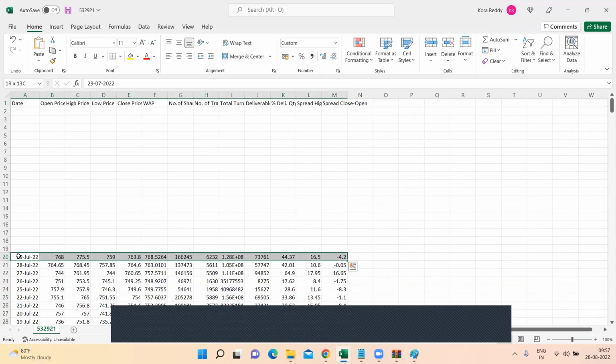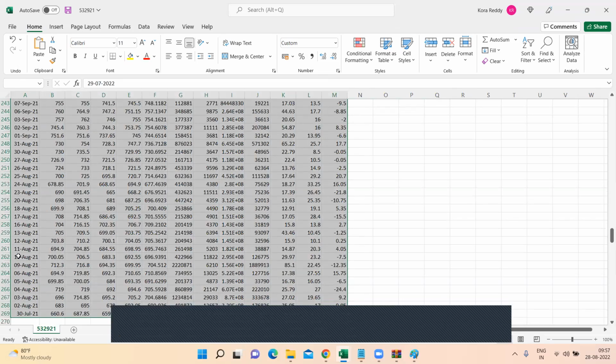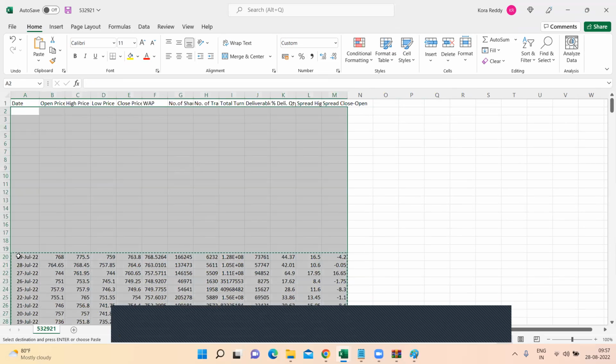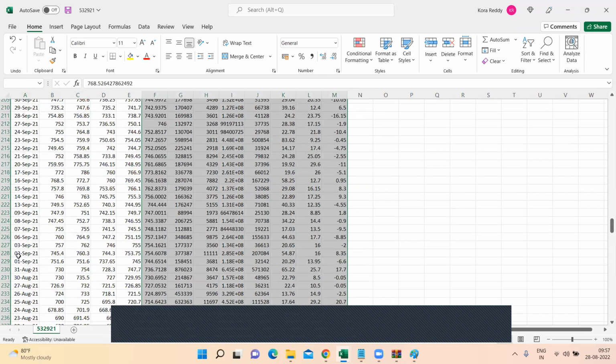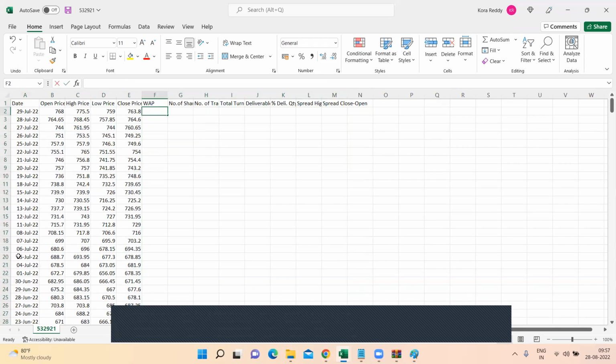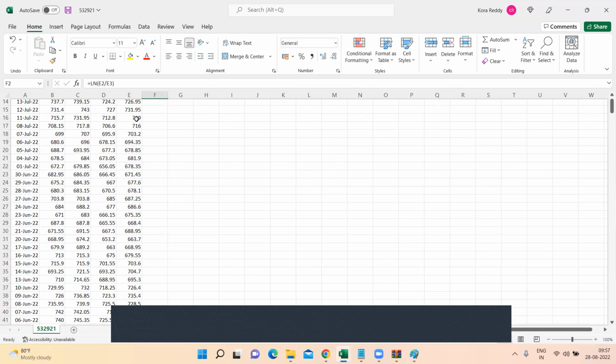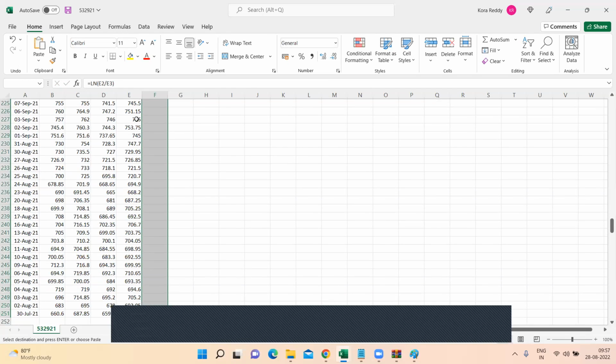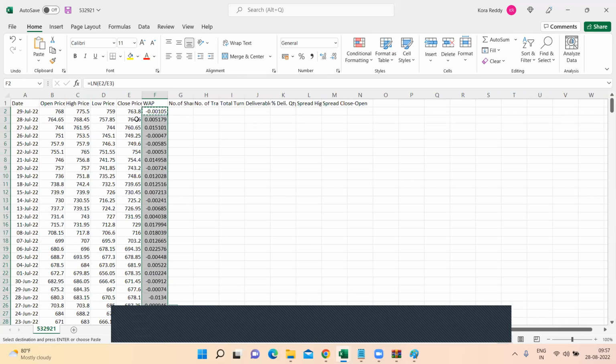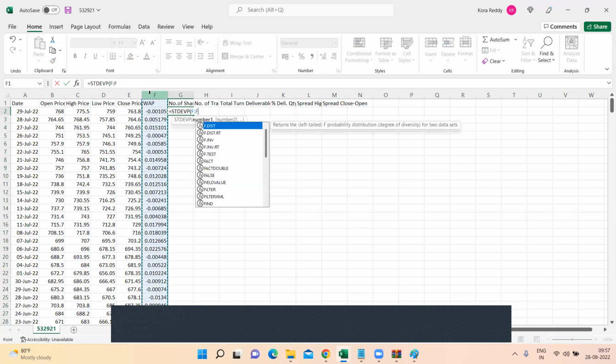This is your close prices. You simply take log change, natural log, ln, this divided by this. And just standard deviation of this whole series.